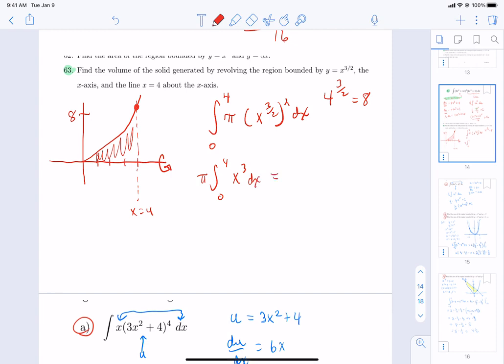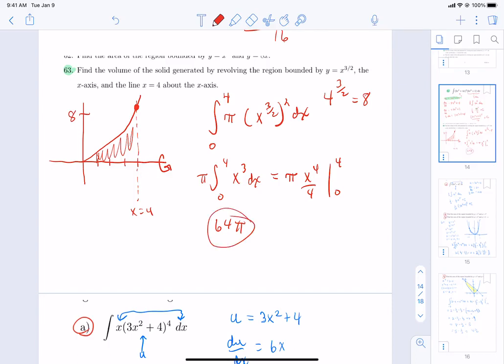And it's just now a standard antiderivative. Just let the pi come along for the ride. And so that's going to be pi x to the 4th over 4 from 0 to 4. Well, if I plug in 4, I get 64 pi. If I plug in 0, I get 0, so the answer is 64 pi.